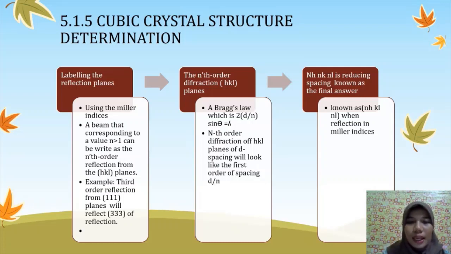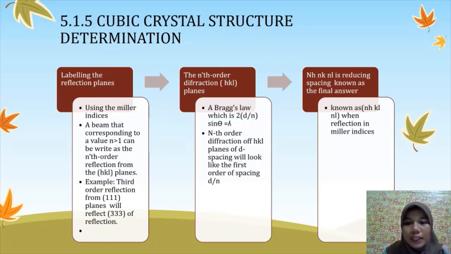The second is the n-order diffraction of HKL planes. For Bragg's law, which is 2d over n sin theta equal to lambda, the n-order diffraction of the HKL planes of this spacing will look like the first order of spacing d over n.